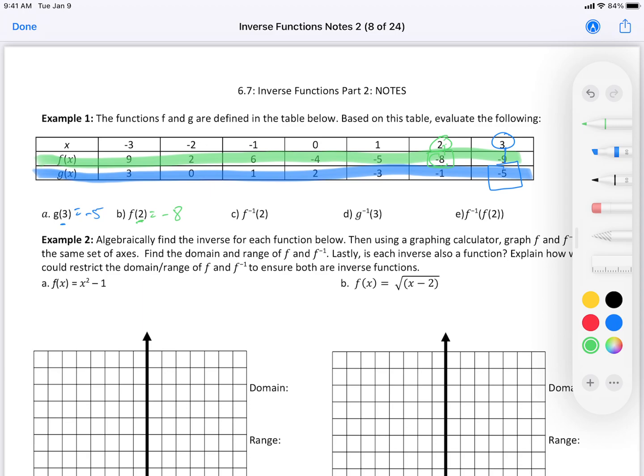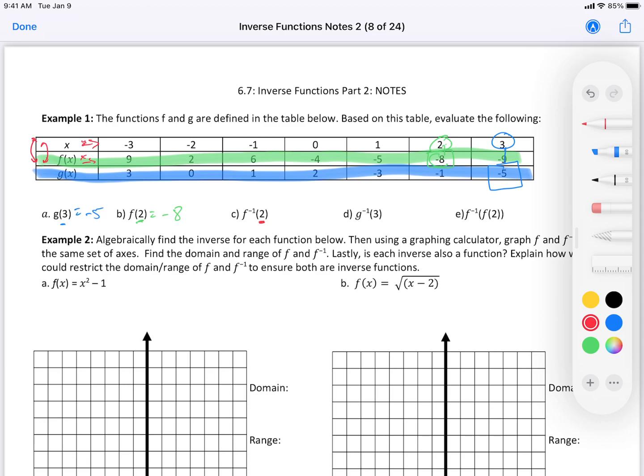Since there's no f inverse in the table, I'm going to use red for this one. If we're talking about f inverse, these two have switched, which means these are now my x's, and I'll get rid of those, and these are now my y's, when they flip.